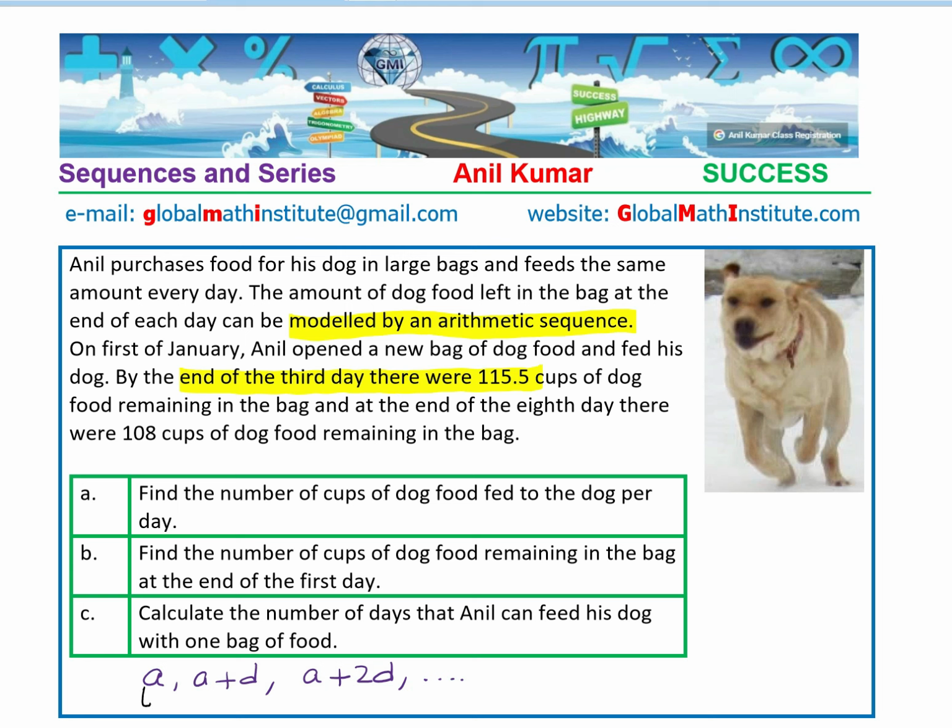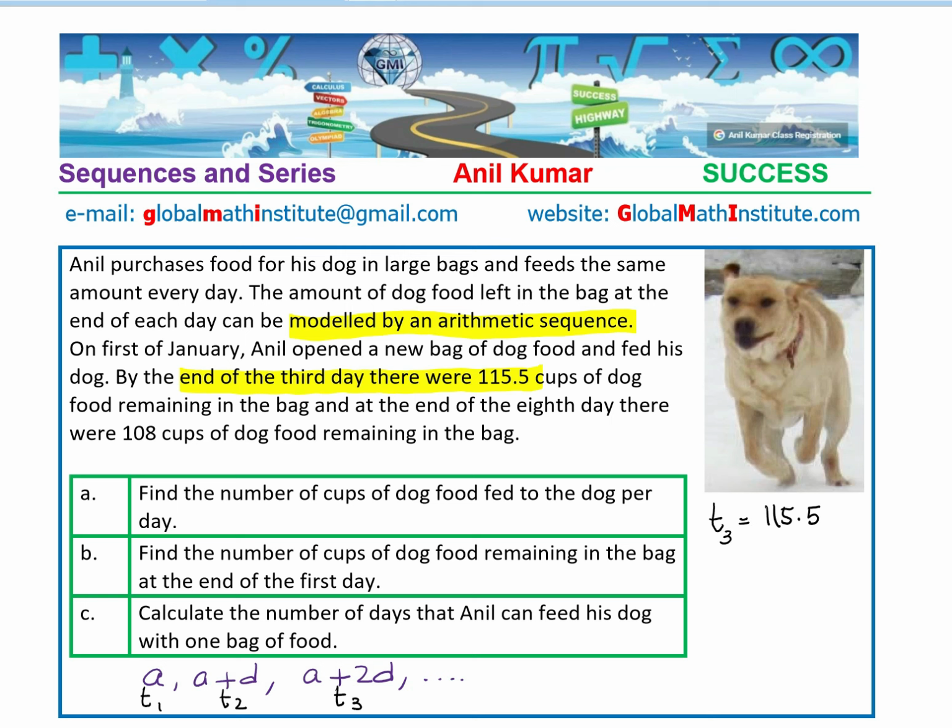We normally will say this is term number 1, this is term number 2, term number 3, and so on. Now, here, term number 3 is given to us at the end of the third day. So, let's write down what is our term number 3, which is 115.5. So, we are talking about the dog food remaining at the end of the day, right? Not at the beginning of the day. Correct.